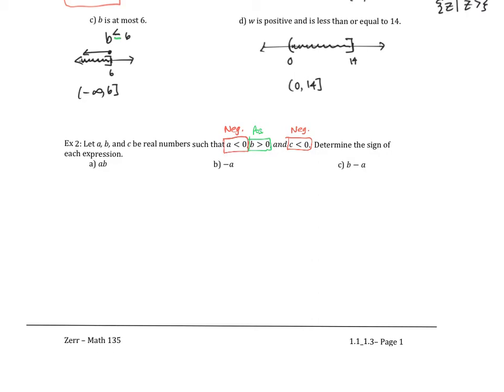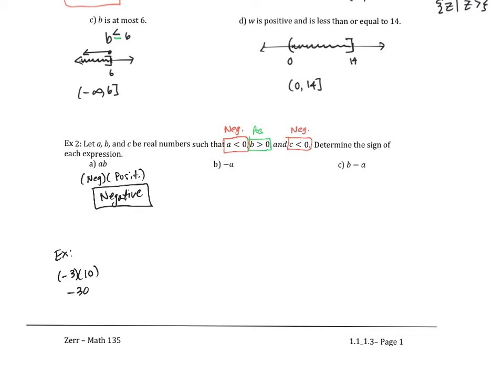So now I have A times B. A we decided is negative, and B is positive. For example, if you had negative 3 times positive 10, that whole answer would be negative. So the entire thing here is negative.